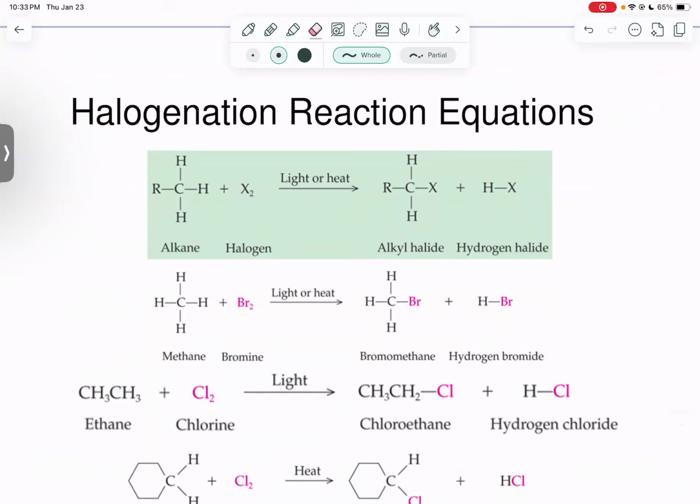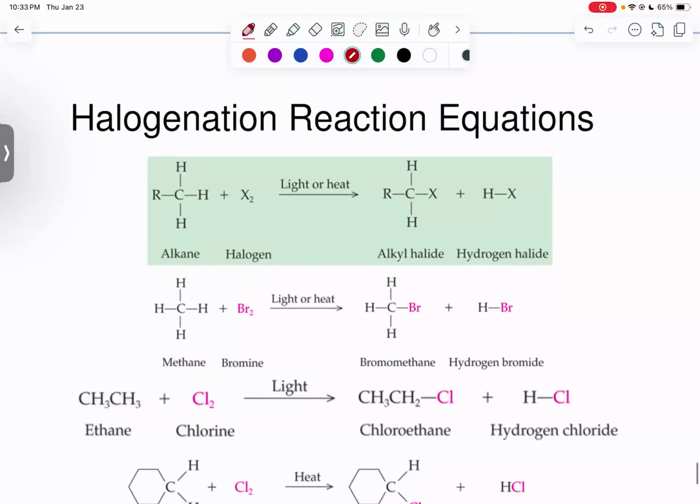So if we start out with an alkane, maybe it's really long, but we're just saying that's the rest of the molecule, that's what the R stands for. Maybe it goes on forever, we don't know how long it is. Now, in the presence of a halogen, maybe Cl2, and in the presence of light or heat, one of those chlorine atoms, since Cl2 is Cl bound to Cl, is going to go and replace a hydrogen.